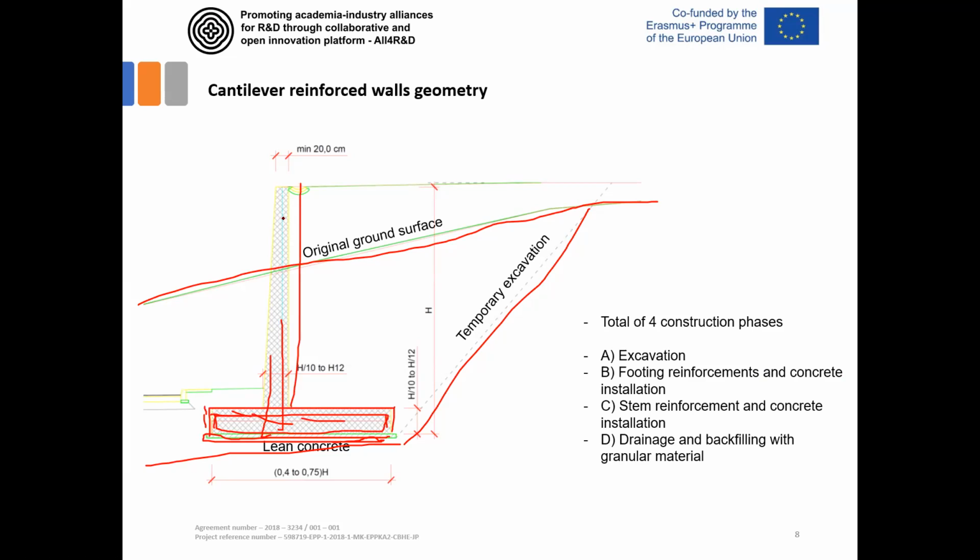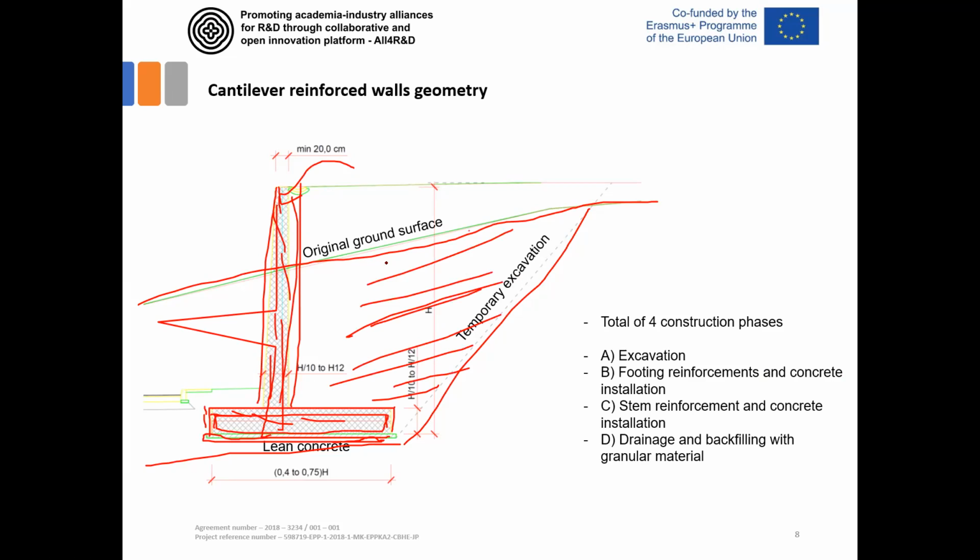After that, you prepare the formwork for the wall, insert the reinforcement, apply the formwork, and then you pour the concrete for the rest of the wall. After that, you fill behind this wall, usually with good quality material like crushed rock or gravel.